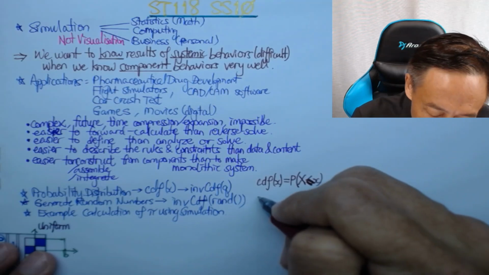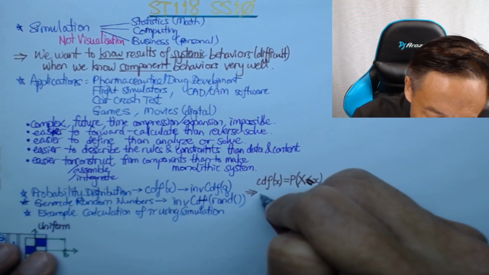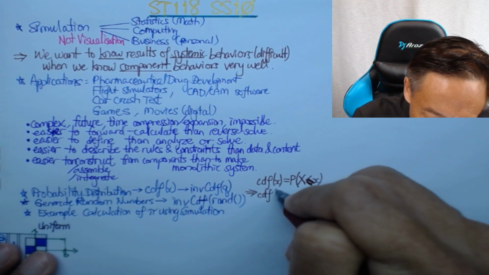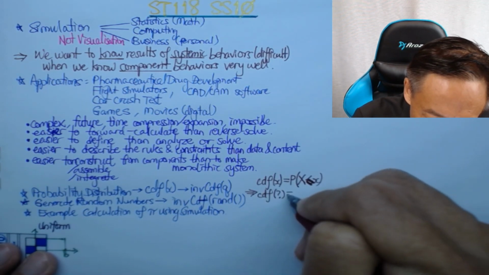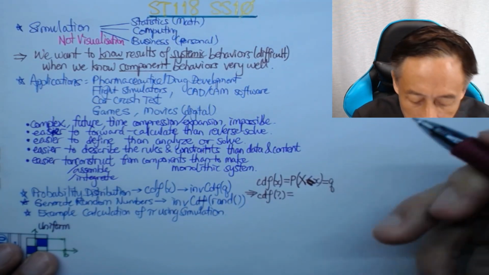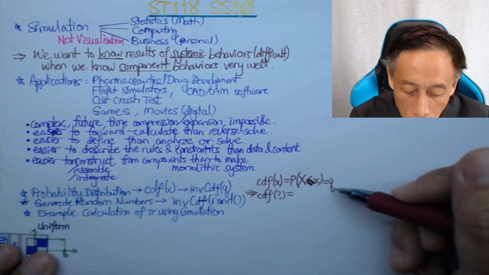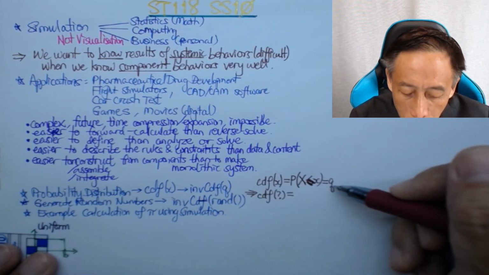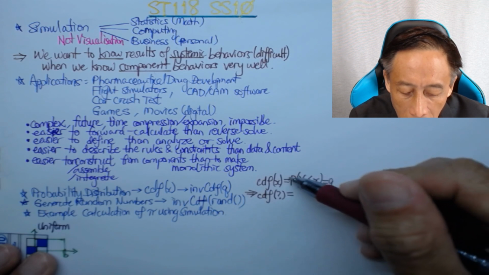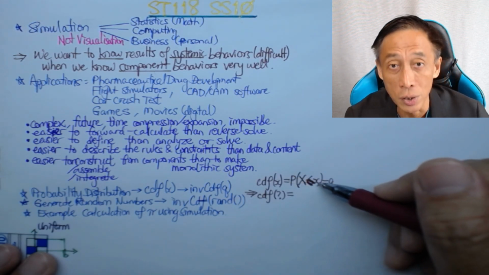And of course, the inverse CDF will be that the CDF of something gives rise, let's call it Q, right? So this is the Q, the value, right? And because Q is going to be a number that is the sum of probabilities on the left tail, this definition is left tail.